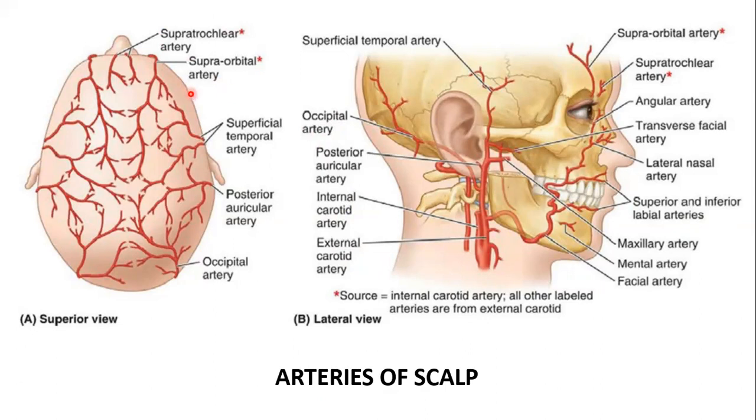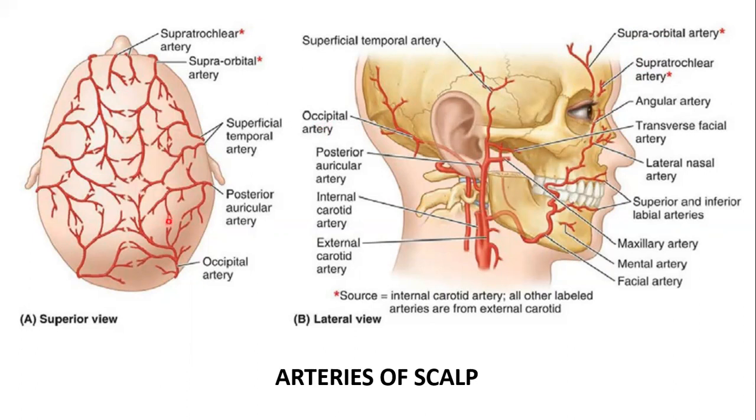The two branches bearing this asterisk, the supratrochlear artery and the supraorbital artery, come from the internal carotid artery. You see this is the internal carotid artery. It gives off the supraorbital and supratrochlear arteries.